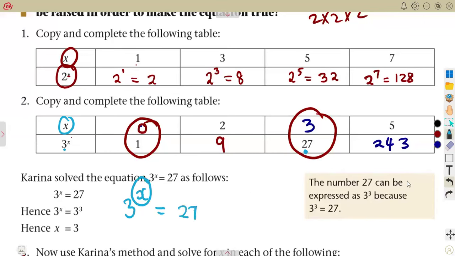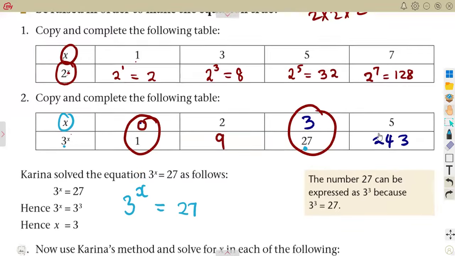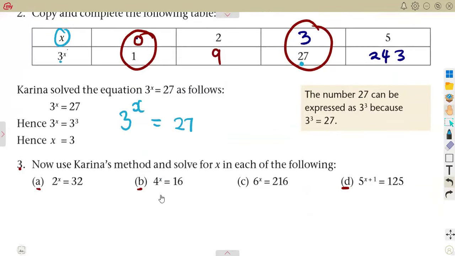So what is this x? You can simply consider as we were solving these equations previously. If this is 3 to the exponent of x, what about 27? In the same base of 3, that is 3 to the exponent of x equal to 3 to the exponent of 3. Like I said, if these bases are the same, therefore the exponents will be equal. So x will be equal to 3.